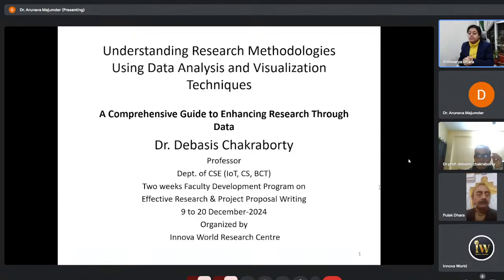Today, in day 4, we are understanding research methodology using data analysis and visualization techniques, an exciting topic irrespective of domain. Good reputed journals look for how nicely you present your research paper. It is the key to unlocking innovations, bridging theory with practice, and shaping the future for precise and insightful research work.